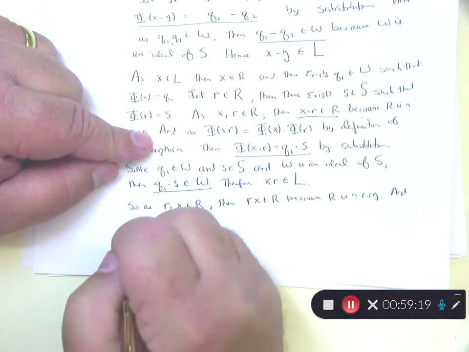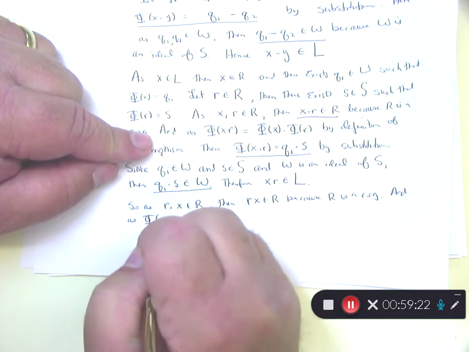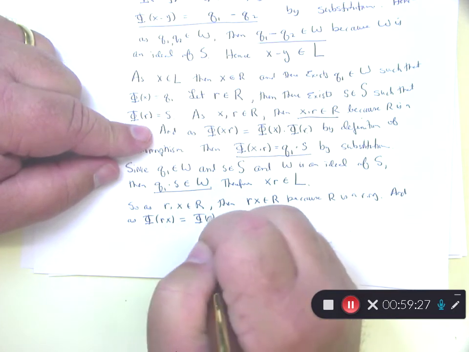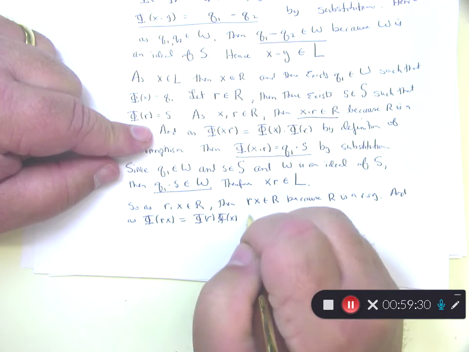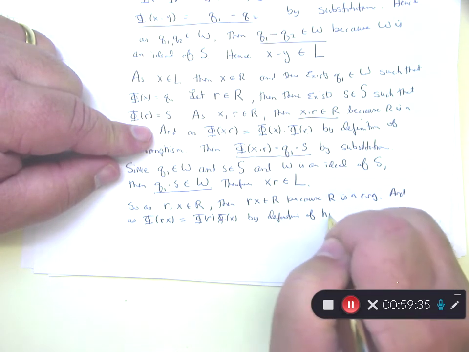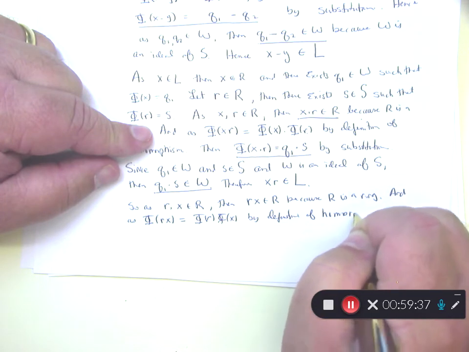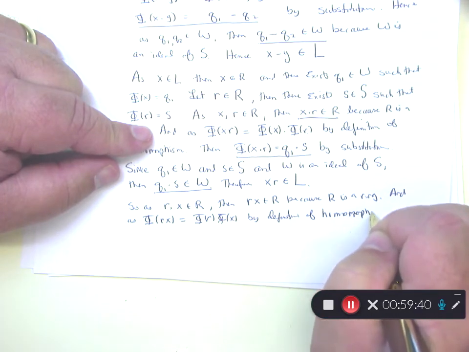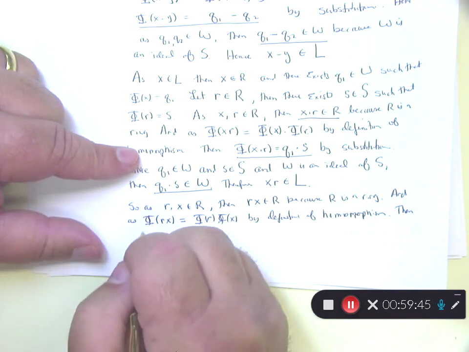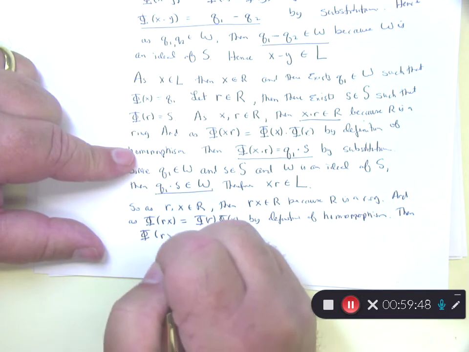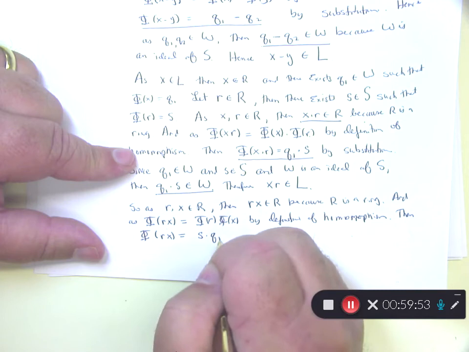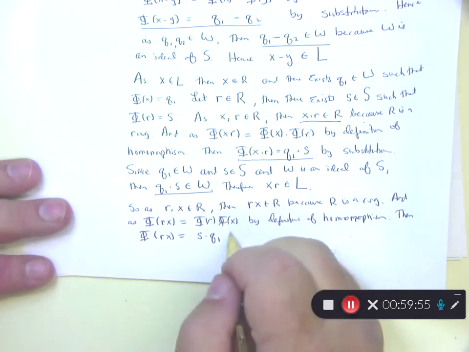And as phi of r times x is equal to phi of r times phi of x by definition of homomorphism, then phi of r times x is equal to s times q1 by substitution.